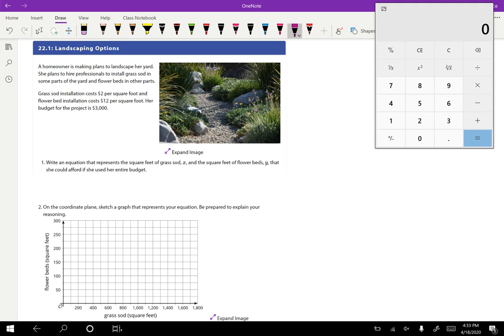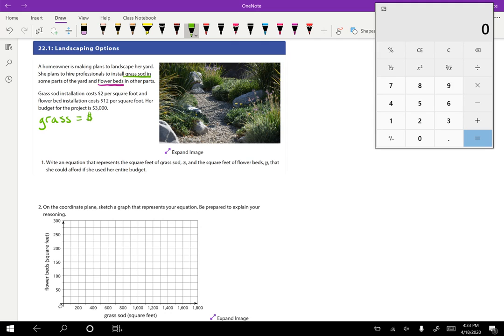A homeowner is making plans to landscape her yard. She plans to hire professionals to install grass sod in some parts of the yard and flower beds in other parts. So it looks like the two things we're measuring are grass sod and flower beds. The grass sod is going to cost $2 per square foot. So I'm going to write that out.